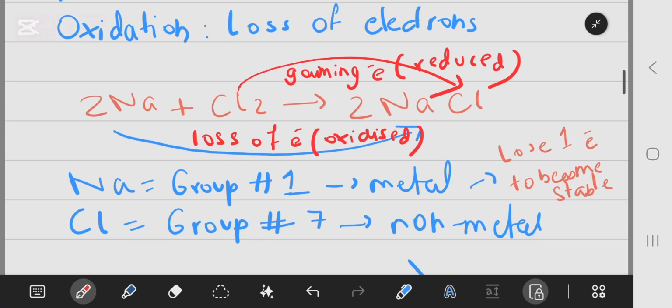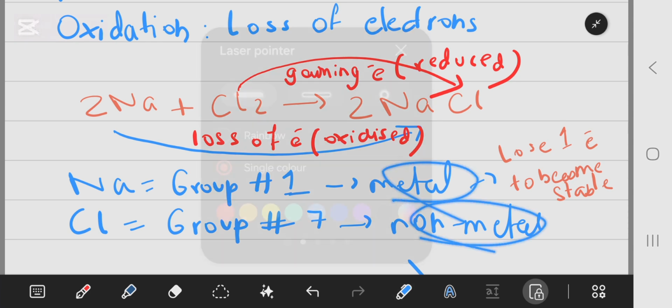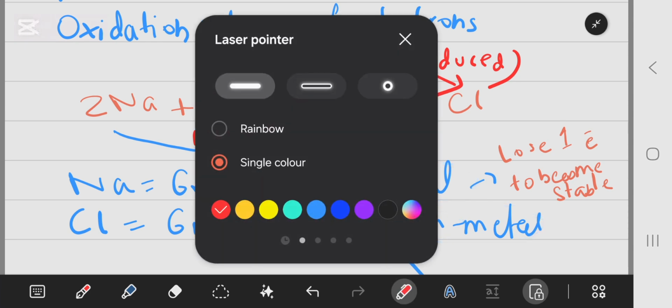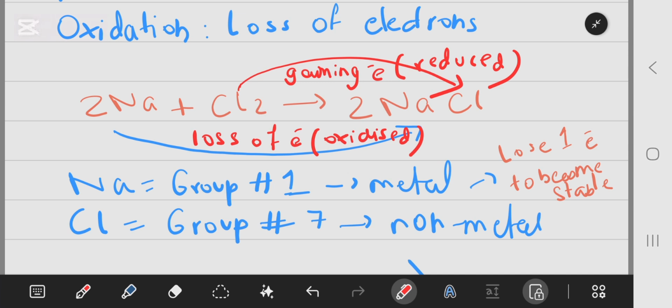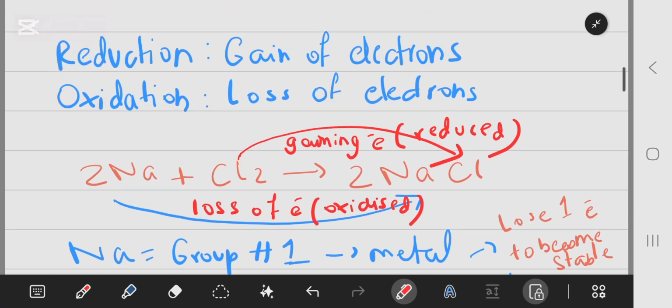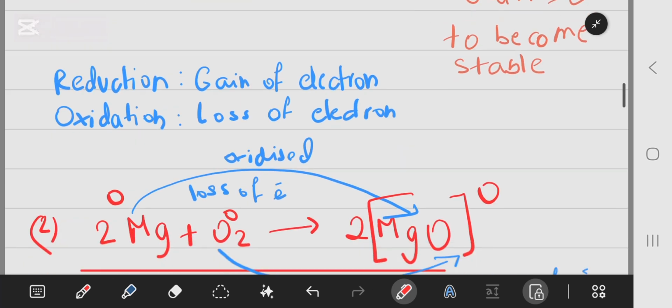We will first write the group and then label them as metal and non-metal, and we know that metals need to lose electrons and non-metals need to gain electrons. Based on the equation, we will then make arrows and distinguish which is being oxidized and which is being reduced. Always remember that the gain of electrons is reduction and the loss of electrons is oxidation.